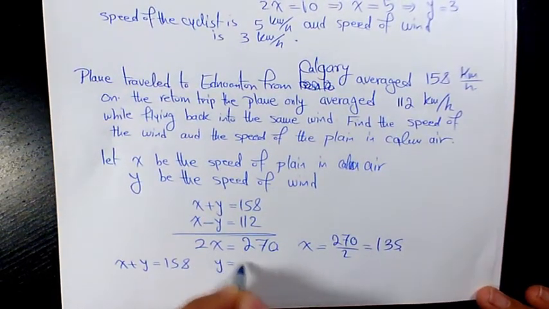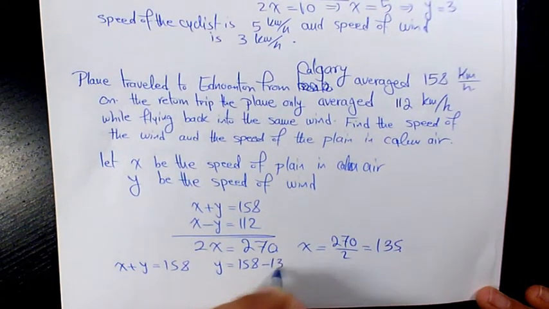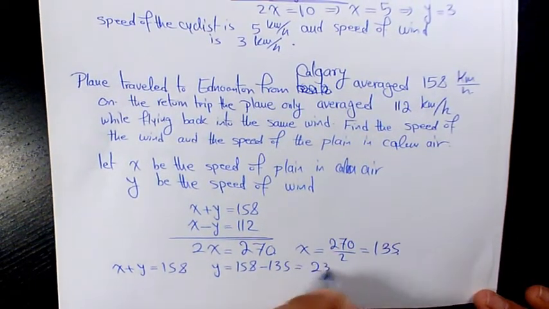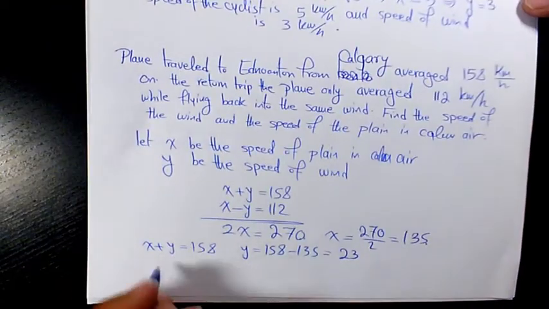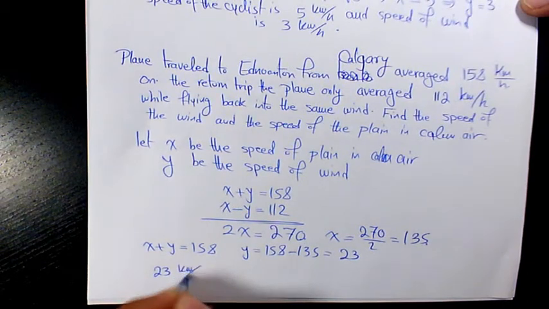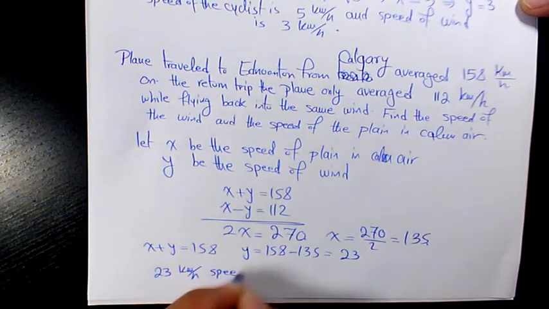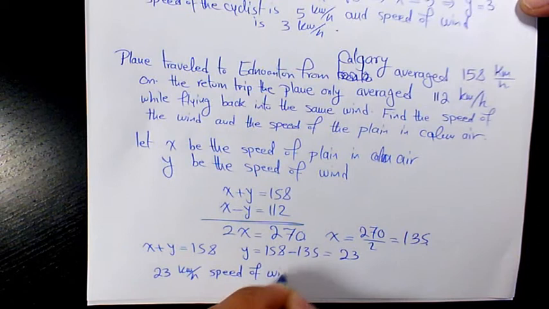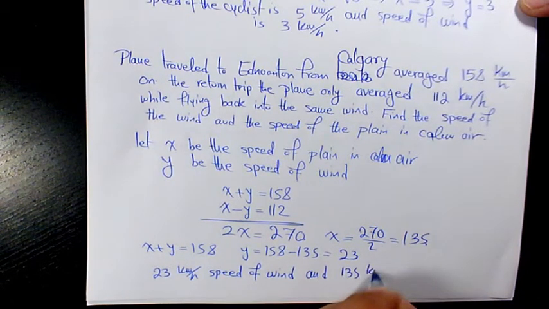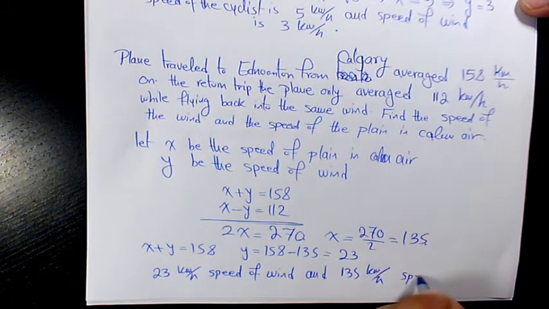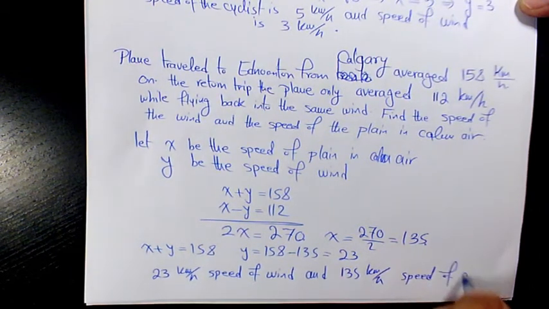So y will be 158 minus 135, which is going to be 23. So 23 kilometers per hour is the speed of the wind and 135 kilometers per hour is the speed of the airplane.